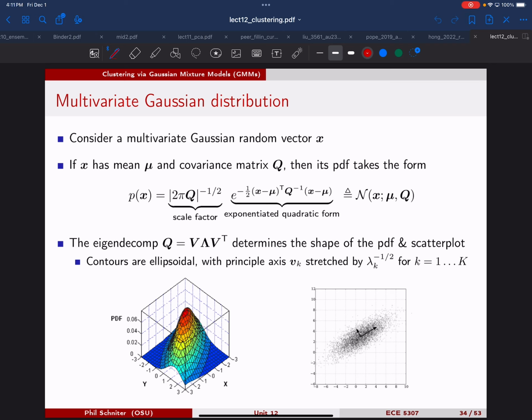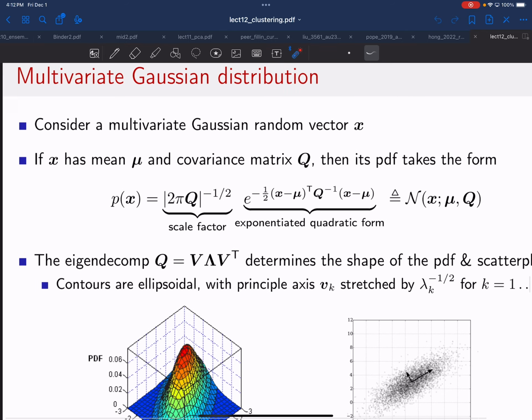So just to start at the beginning, when we consider multivariate Gaussian distributions, these are just Gaussian distributions where you have a set of random variables that are all jointly Gaussian, the joint probability density function is Gaussian. It has this form.